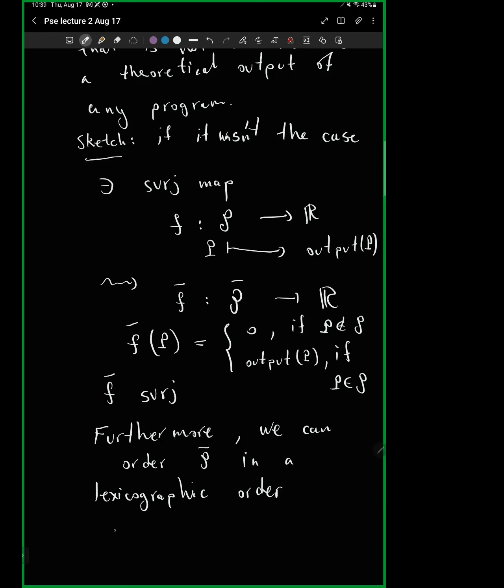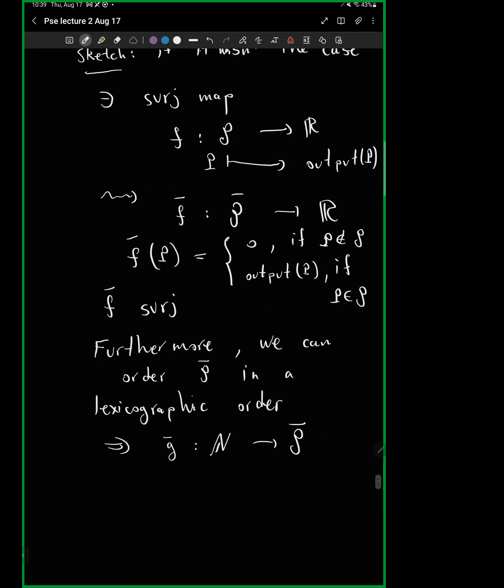And this means that I get, let's call it G bar, a map from the natural numbers to the set of all computer programs in my given language.